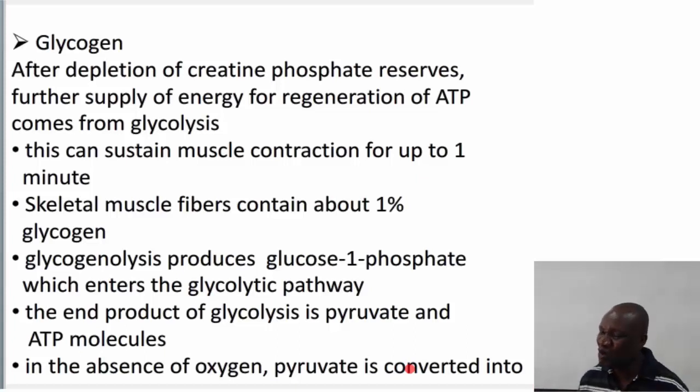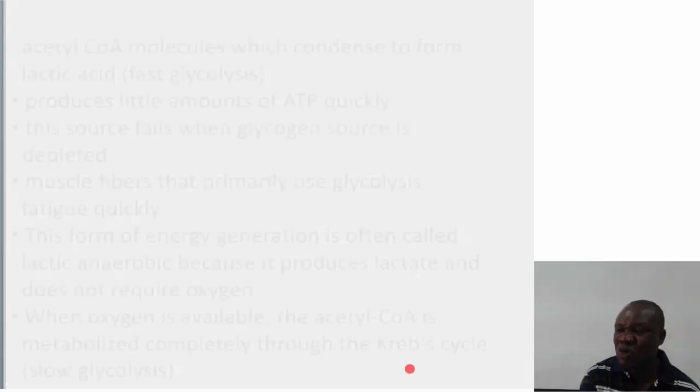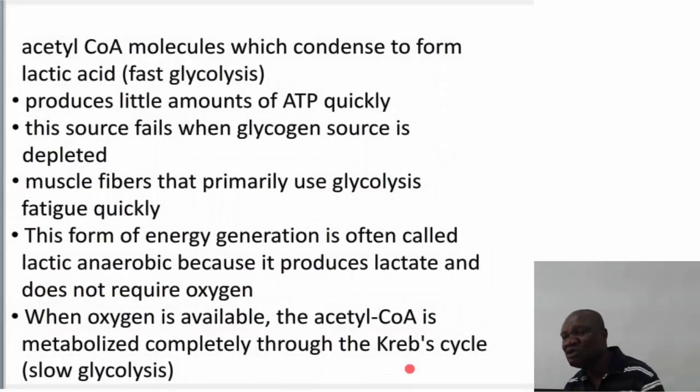Now, this would always result in the production of pyruvate or pyruvic acid and ATP molecules. Now, the ATP molecules will then be utilized. Right. Now, in the absence of oxygen, pyruvate is converted into acetyl-CoA molecules.